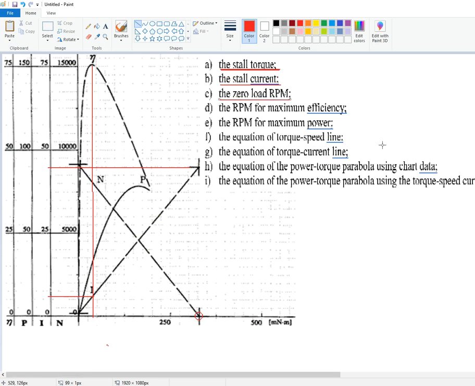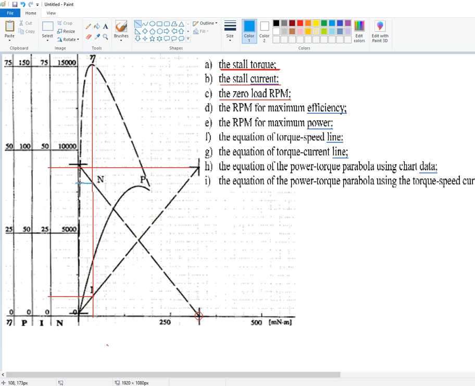Zero load. And then RPM for maximum efficiency. You lower the line where it intersects the N curve. Let me change color. So it intersects the N curve, and you read. Should be only here. So it's more like 8,000 RPM, whatever this number we said it is.